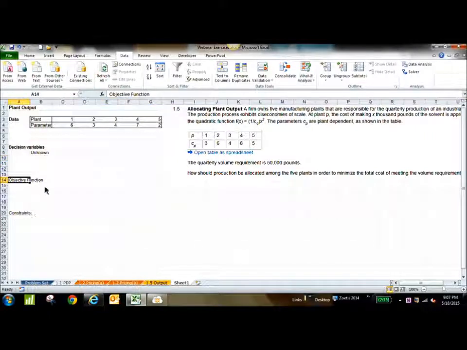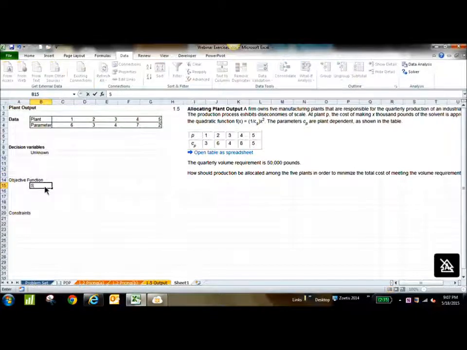The objective function is what we're trying to maximize. This is what we're trying to optimize. And it could be cost, it could be profit, it could be efficiency, time, you name it. Resources, people. So these are the things that we're trying to optimize.